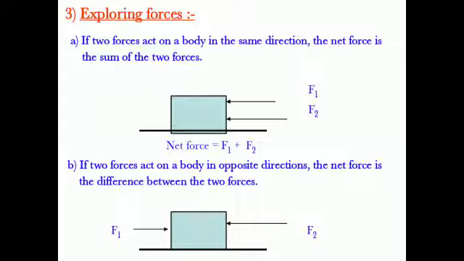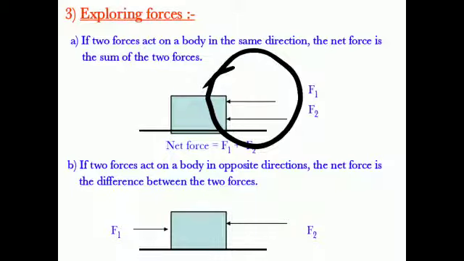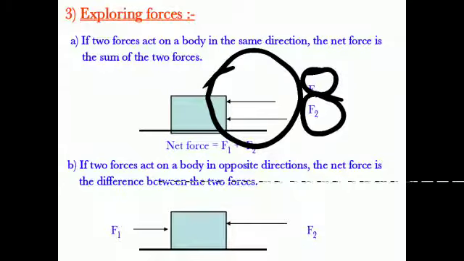If an additional force is applied on that object towards the same side, like here F1 and F2, both are applying force in one direction. So the net force will be the sum of the two forces applied on it.